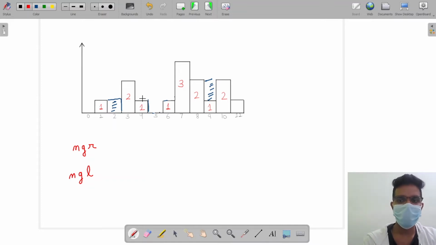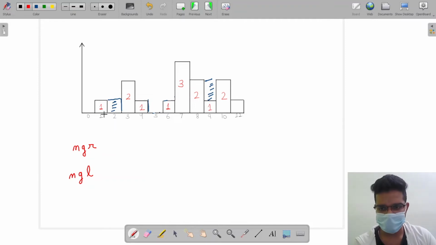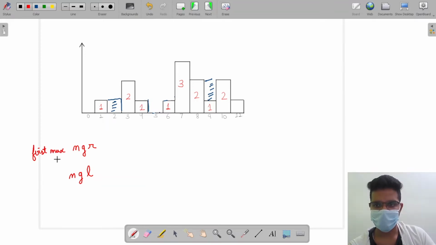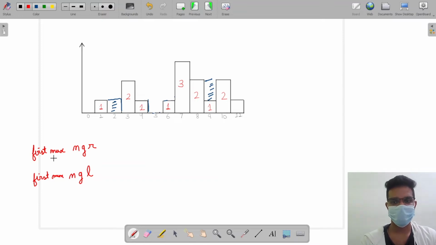Okay. So for 1, what is next greater left? It's first max of right and left.